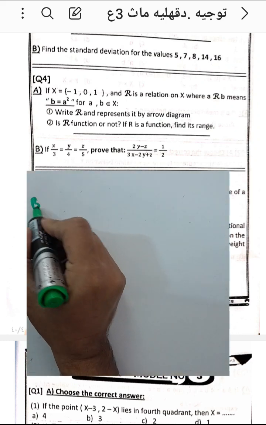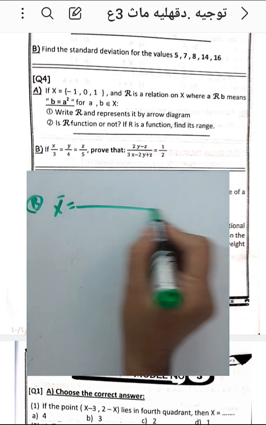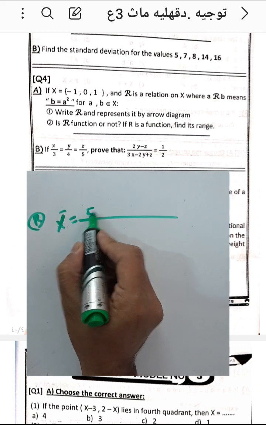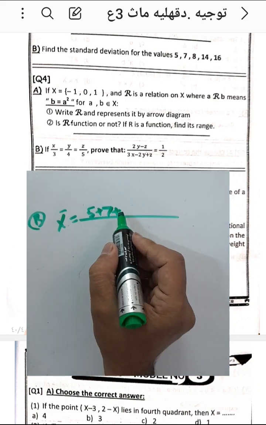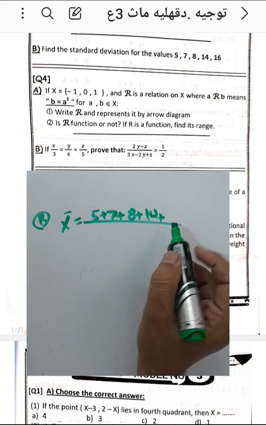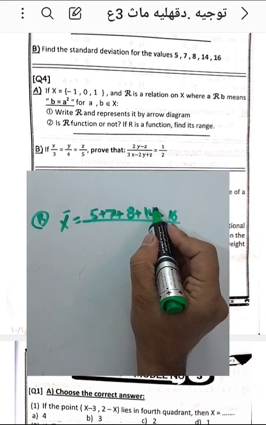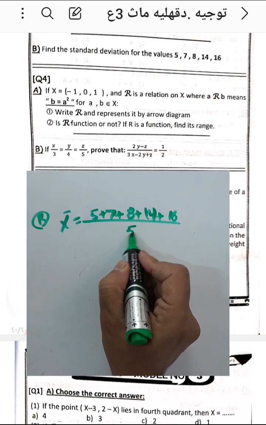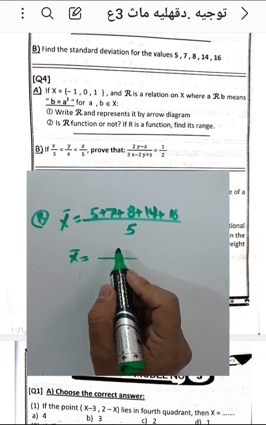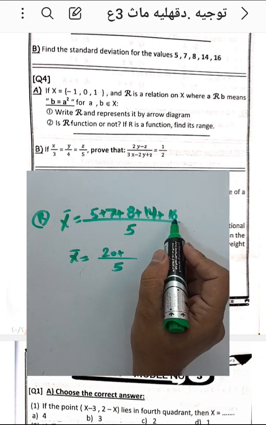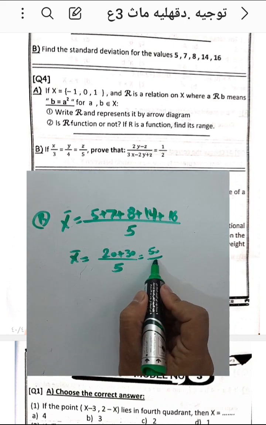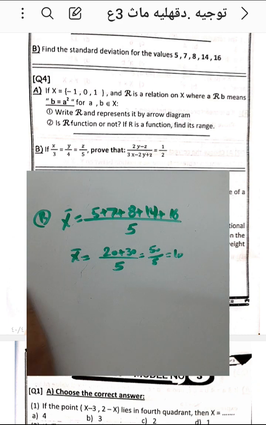First step, we can find x bar, the mean, which equals the sum of all values divided by the number of values. 5 plus 7 plus 8 plus 14 plus 16, and the number of values is 1, 2, 3, 4, 5. 5 plus 7 is 12, plus 8 is 20. 14 plus 16 equals 30. So 50 over 5 will be 10. Then we have here x bar equal 10.